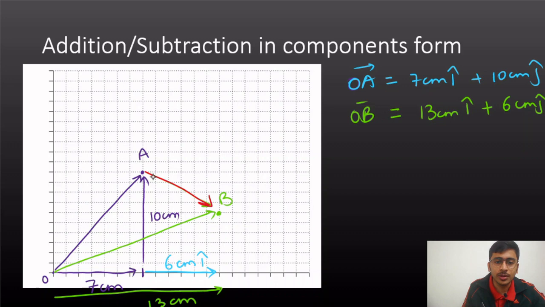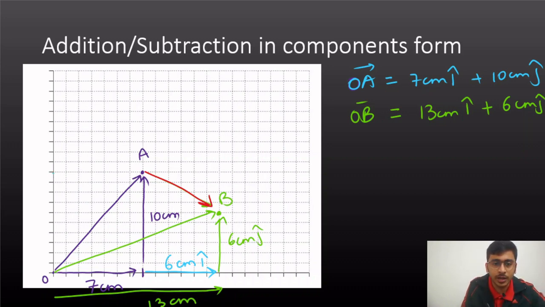And also on the y-axis we have 10 centimeters, correct? 10 centimeters j cap, and then we have 6 centimeters. This is 6 centimeters for B. So how many centimeters did we come down from 10 to 6?